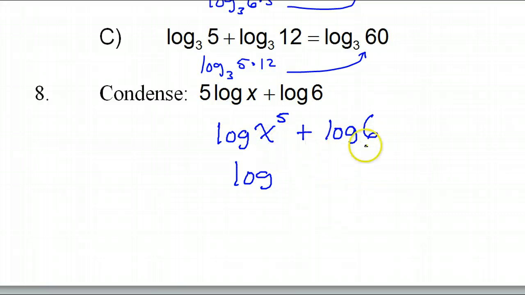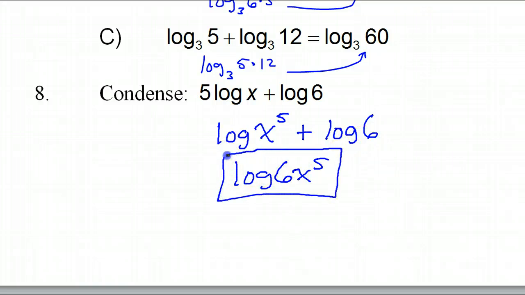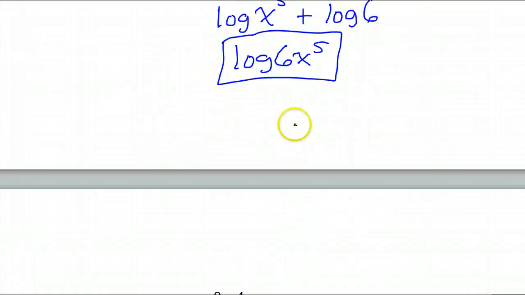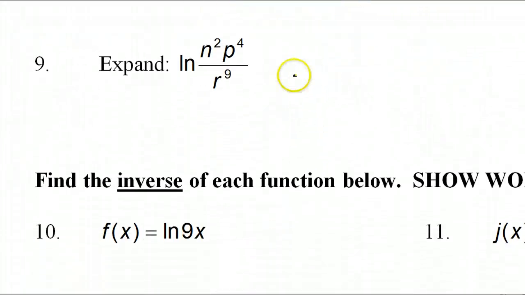So we'll be multiplying these 2 things. And traditionally we would go 6x to the 5th power instead of x to the 5th times 6. So that's it for number 8. Alright, is number 9 down here? It sure is.